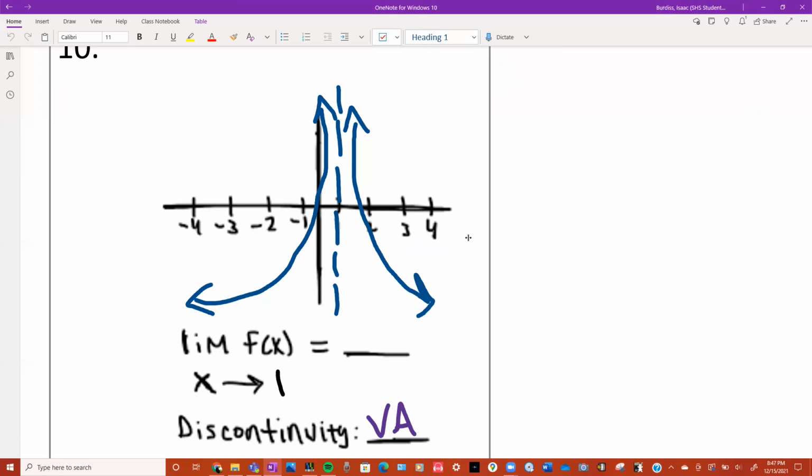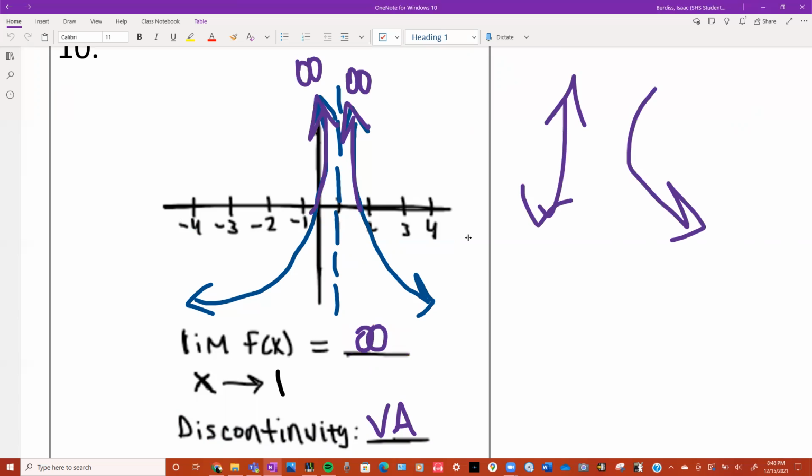So what does the left do as it goes to -1? It goes to infinity. What does the right do? It goes to infinity. So since both do the same thing, it goes to infinity. If it happened to be like this, or something like this, I don't know how to explain it, but it's not a good example with the vertical asymptote, but there could be situations where it doesn't exist.